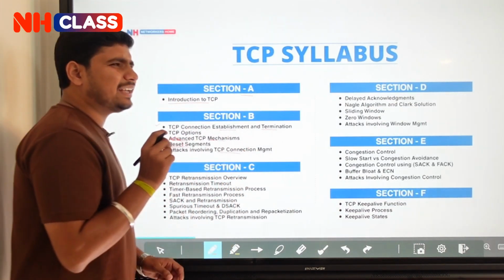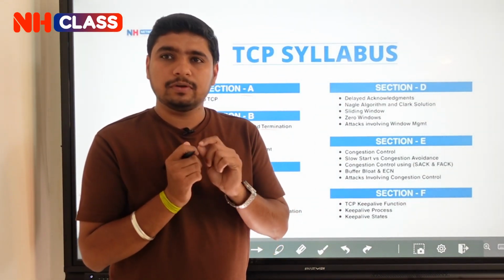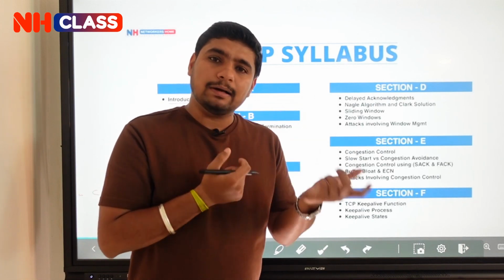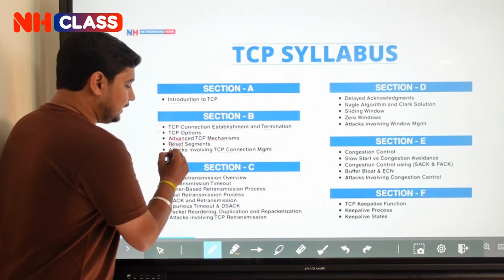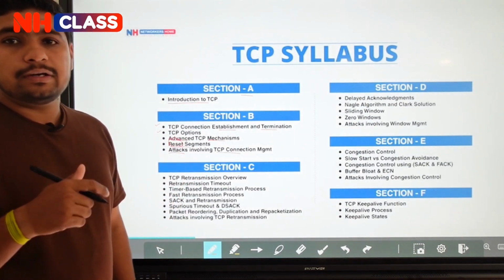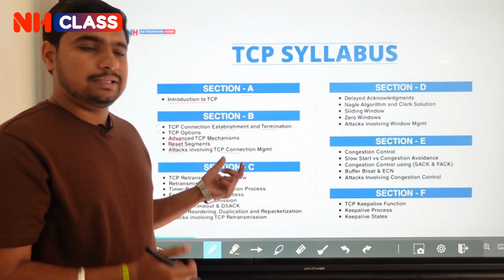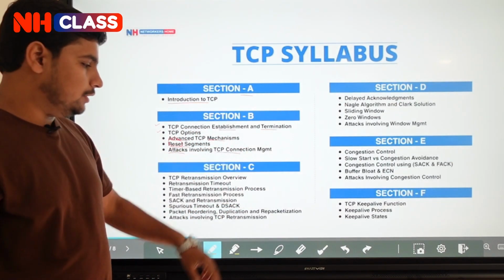TCP connection management means when we establish the connection and when we terminate the connection. During connection establishment and termination, is there any possibility for attacks? If yes, what kind of attacks, and how do we protect our TCP connection from these kinds of attacks? All these terms we are going to discuss in section B.